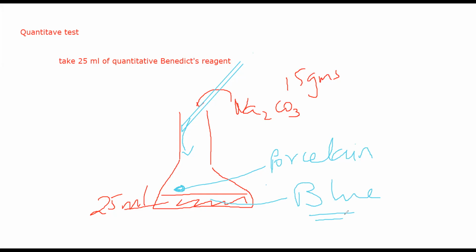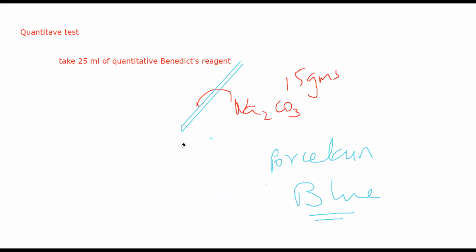Okay, you're taking a conical flask, you're adding 25 ml of quantitative Benedict's reagent, you're adding 15 grams of sodium carbonate and a porcelain piece. You boil the whole solution. Once you boil it, you'll start adding urine drop by drop. ठीक है, once you keep adding urine at one particular volume of urine, the whole solution will turn blue. You will note down how much amount of urine is required for that particular change.